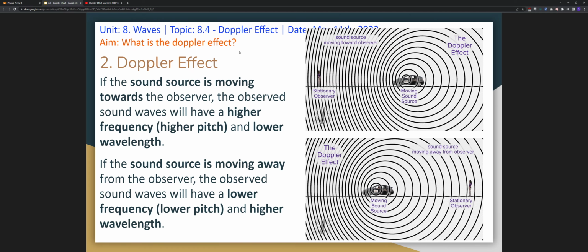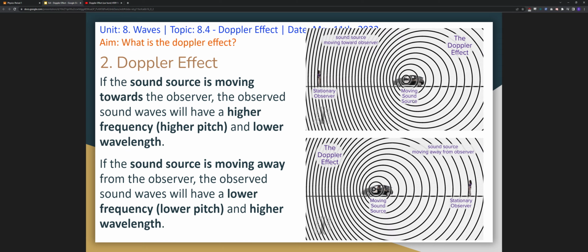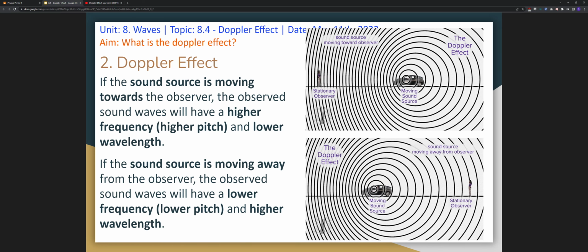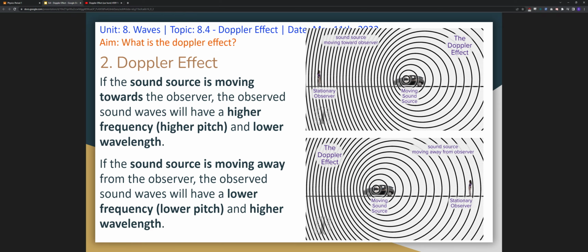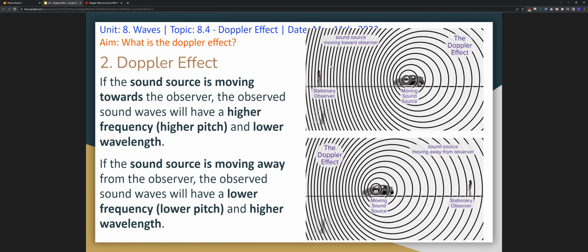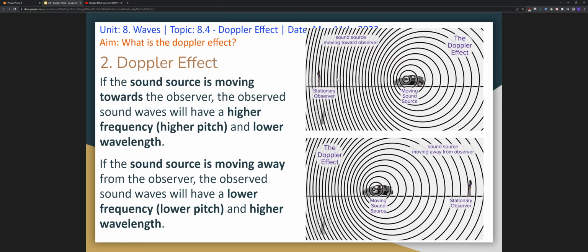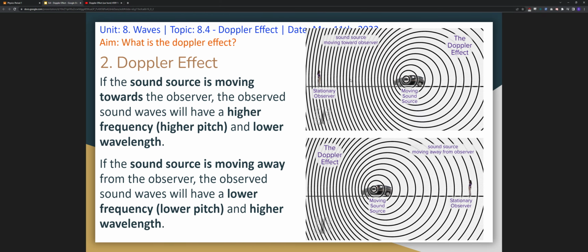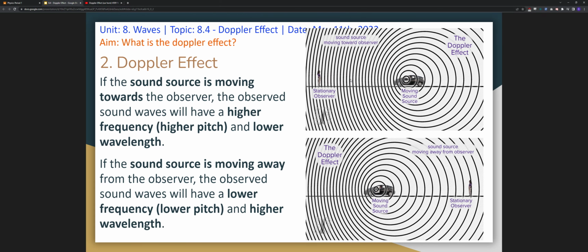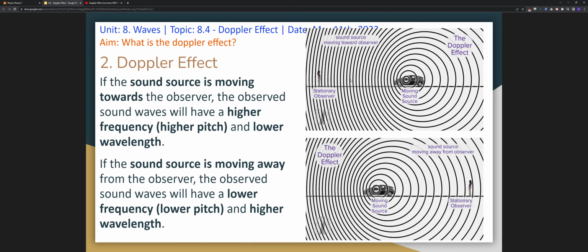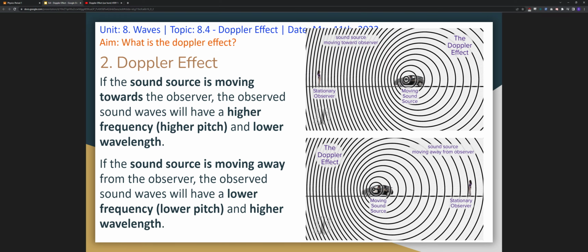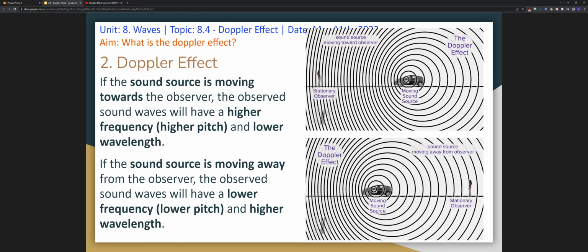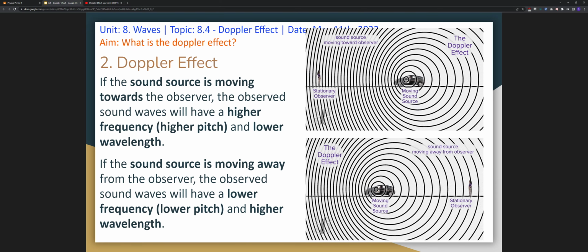Your frequency does not change if your sound source is moving at a constant velocity, either going towards or away. You'll see on the top GIF that the wavelength between each wave cycle is the same, which means your frequency will also be constant. The same goes for when the sound source is moving away.